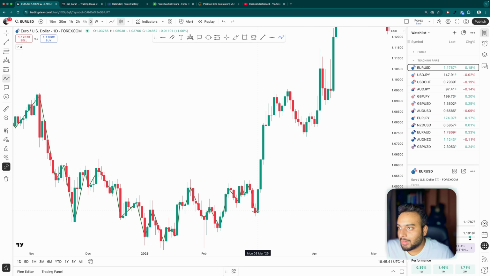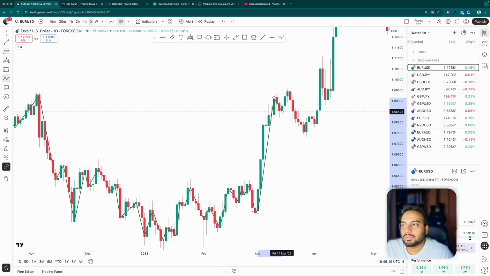Now, from right here, the market went completely bullish. Now, the market has formed a new higher high. Okay. And there is a very small but clear angle that this is a higher low. This is a higher low and this is a higher high. Now, understand this. These are two different things.